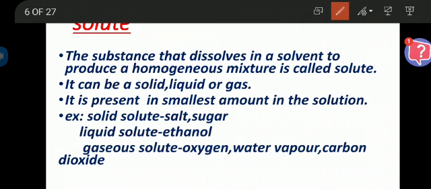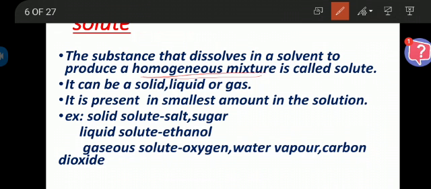The substance that dissolves in a solvent to produce a homogeneous mixture is called solute. It can be a solid, liquid or gas.